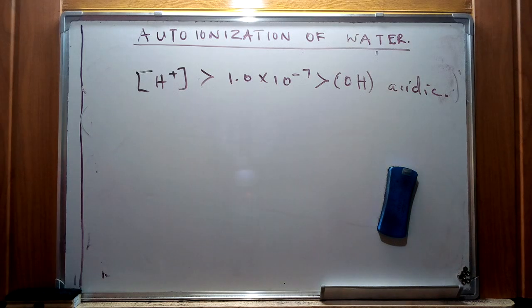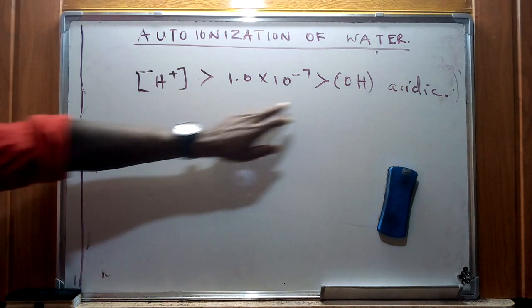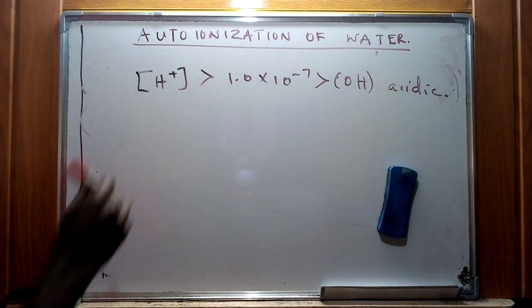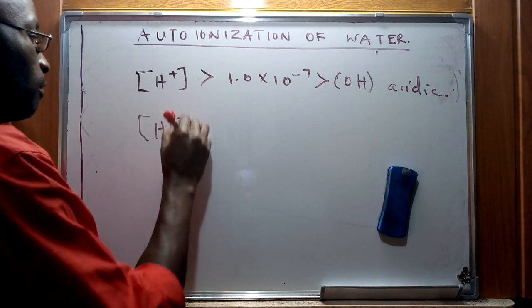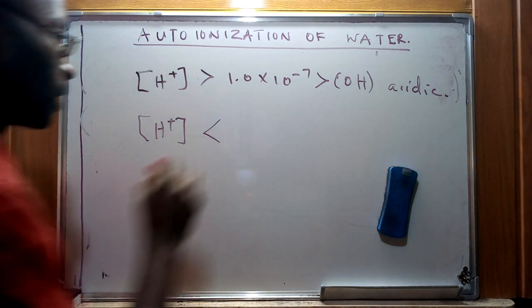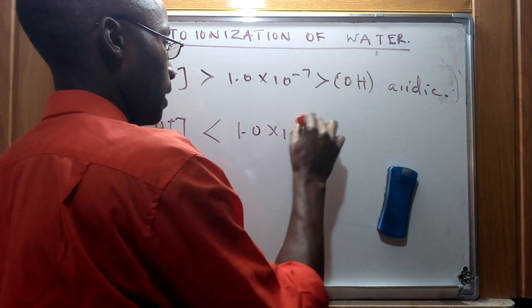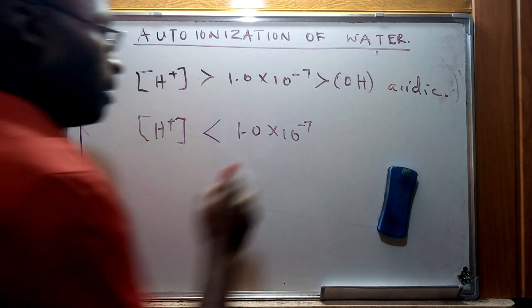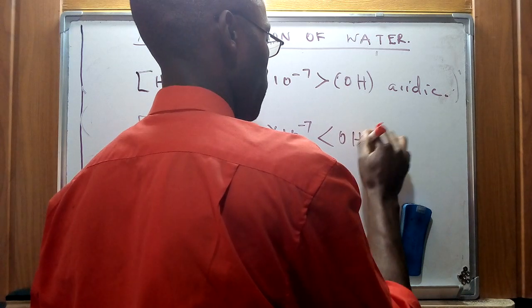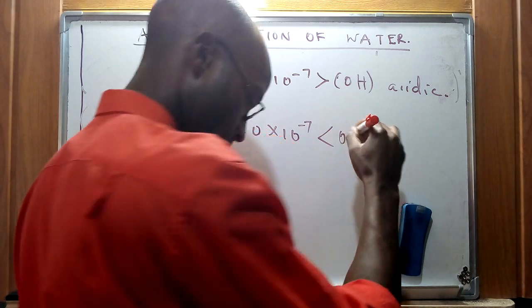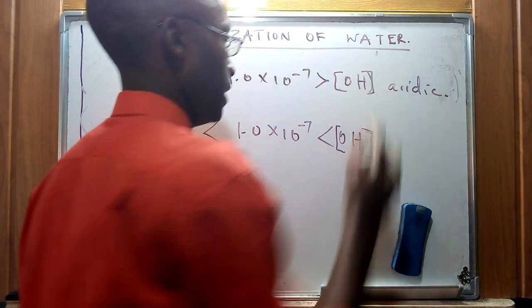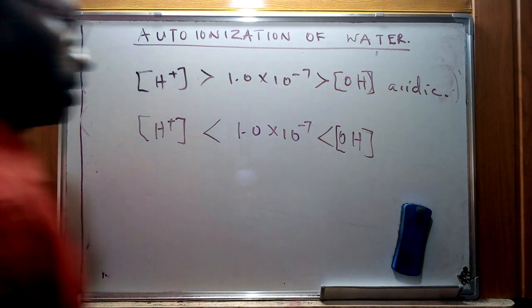And if the concentration of the OH ion is smaller than 1.0 times 10 negative 7 for H positive, meaning the OH concentration is greater than that value, then we consider this substance to be basic.